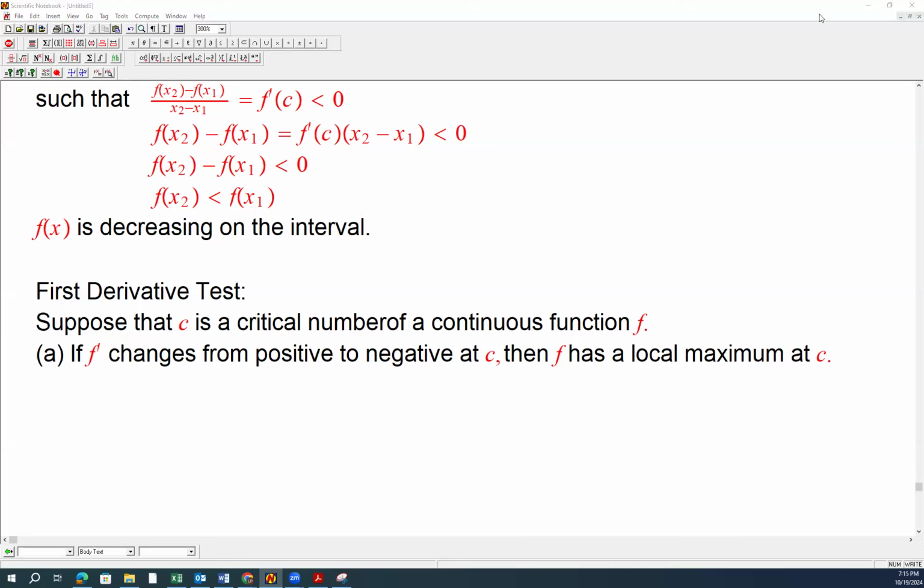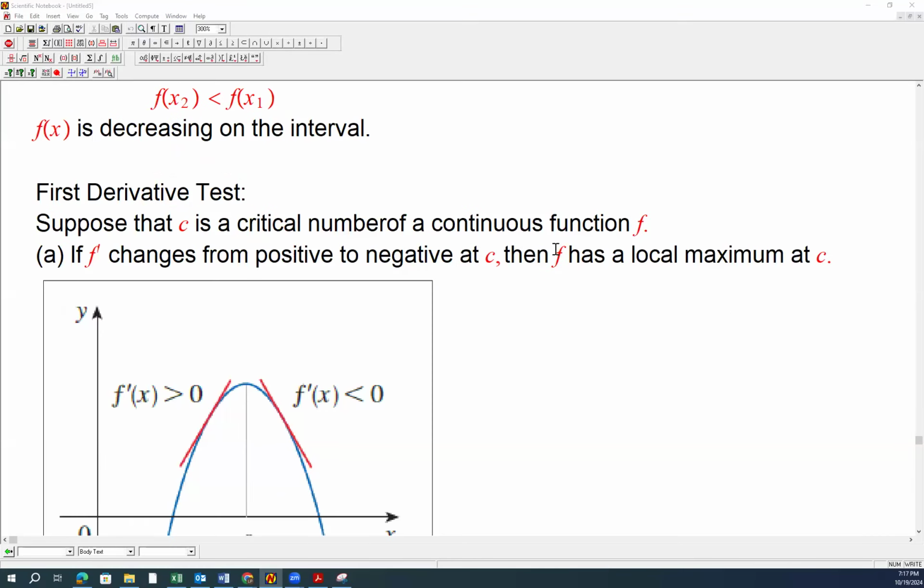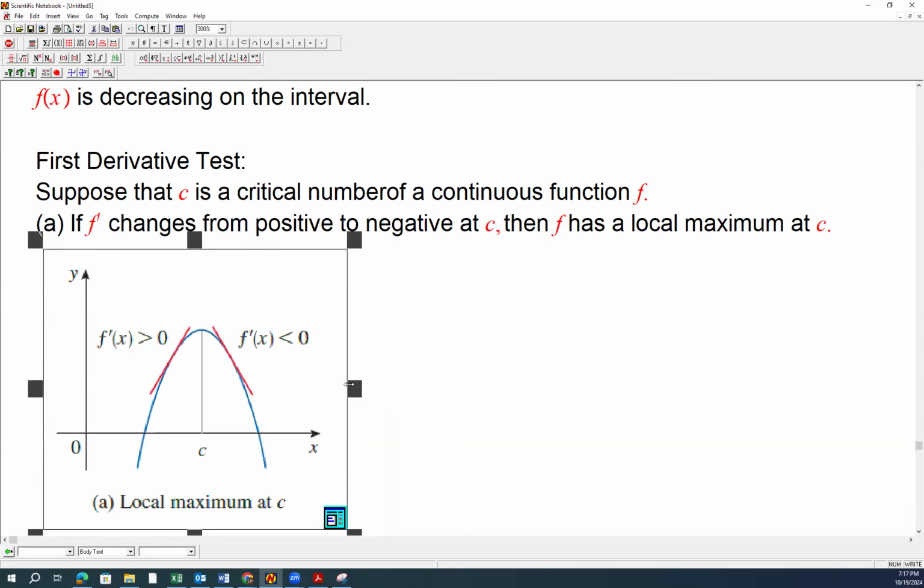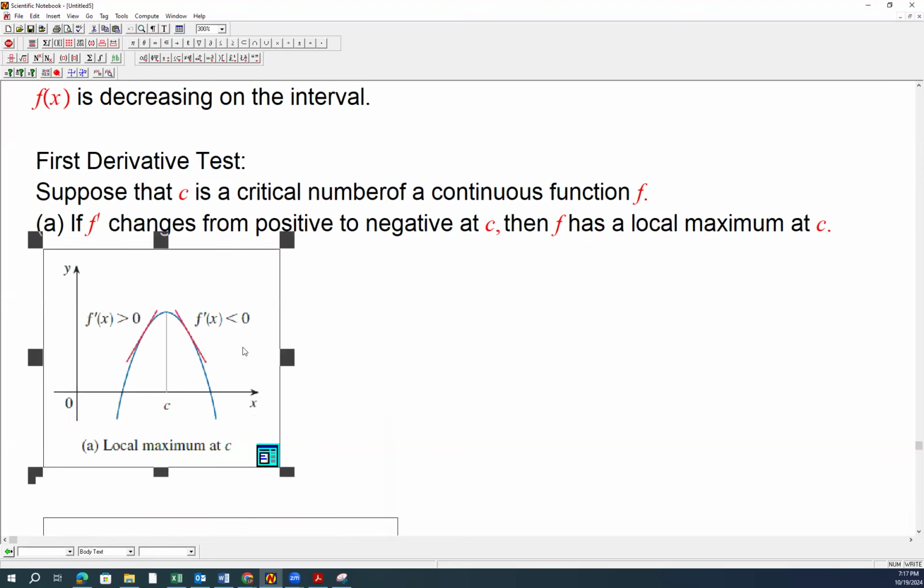So let me bring you a picture. In this picture, you can see on the left of the critical number, this is the critical number. We know that the critical number is where the first order derivative equals 0 or it is undefined, right?